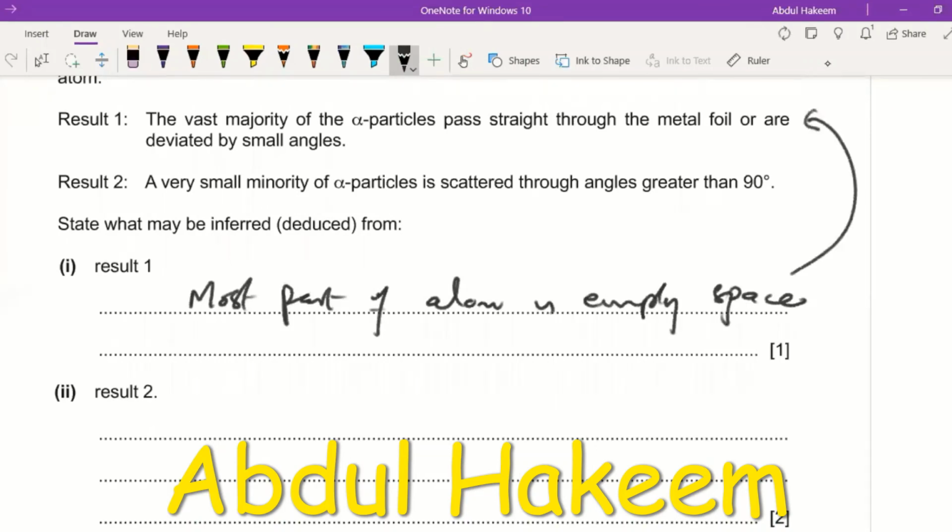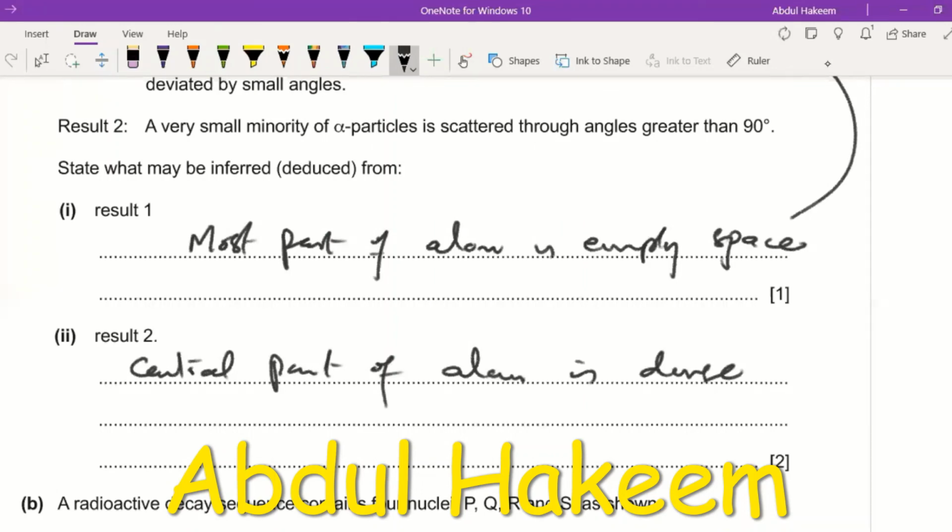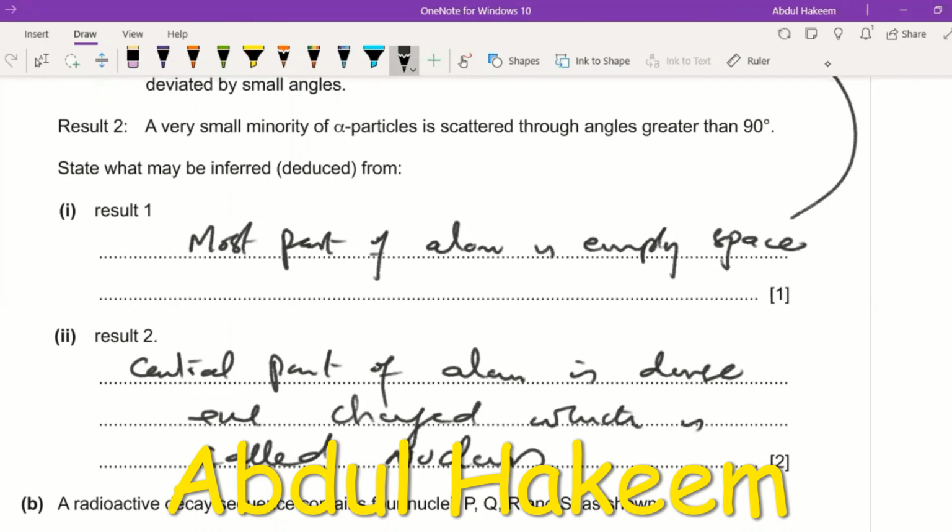Second, the central part of the atom is dense and positively charged, which is called the nucleus.